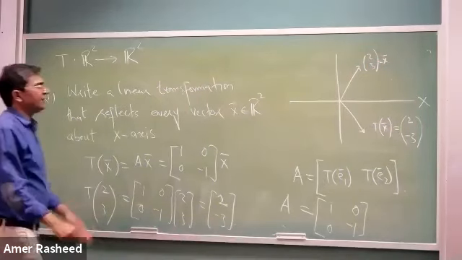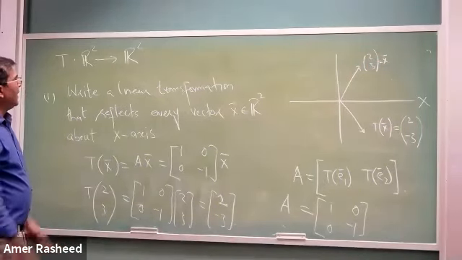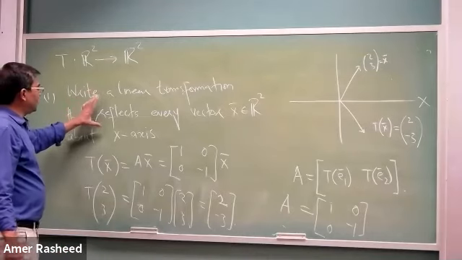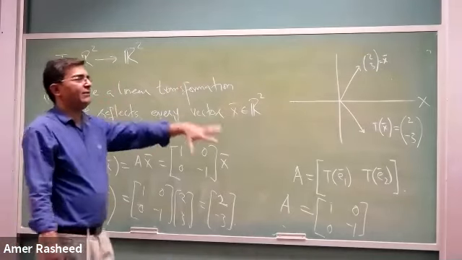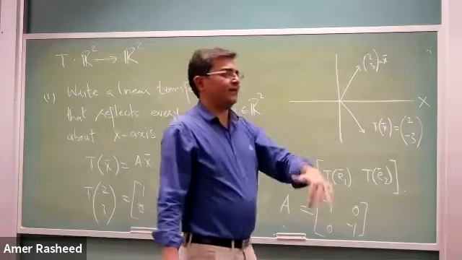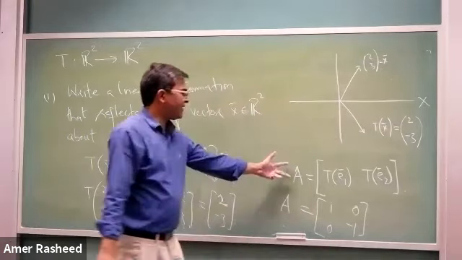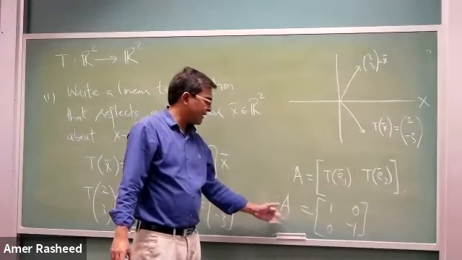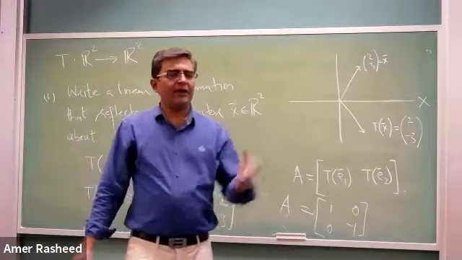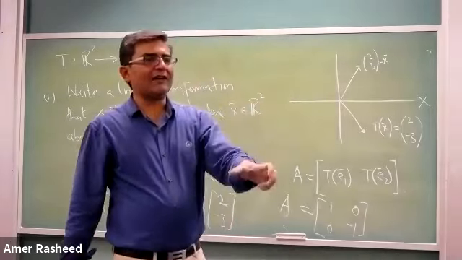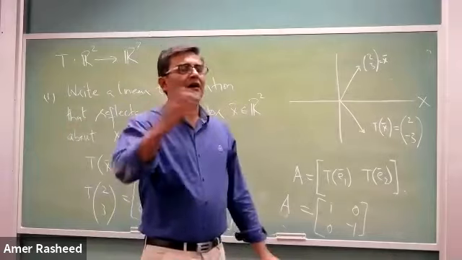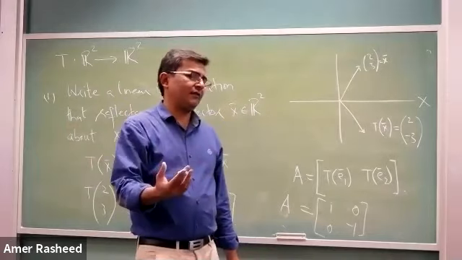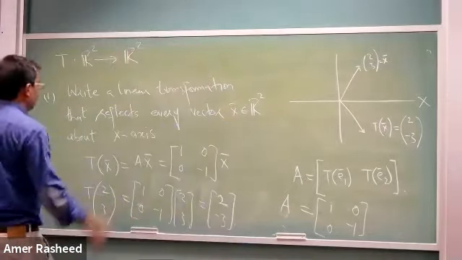So this is what this transformation is doing. Basically, this transformation reflects every element in R2 about the x-axis. And the standard matrix is this. The standard matrix will be fixed, and whenever you change the vector, this transformation will reflect that vector about the x-axis. I hope you get it. If you have any questions, you can ask.